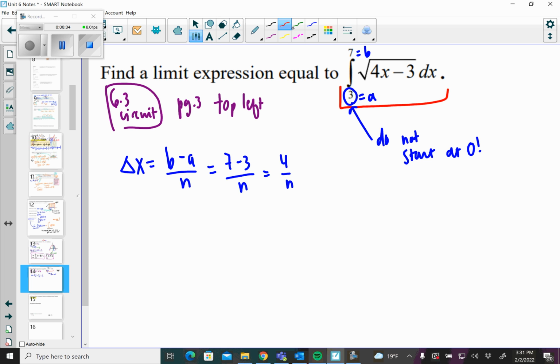Next, we need to find each step on our interval, x sub k. But here's where we have to make sure we notice that we're not starting at 0. Any step on the interval is equal to a plus delta x times k. In our case, we're starting at 3 plus delta x, 4 over n times k.